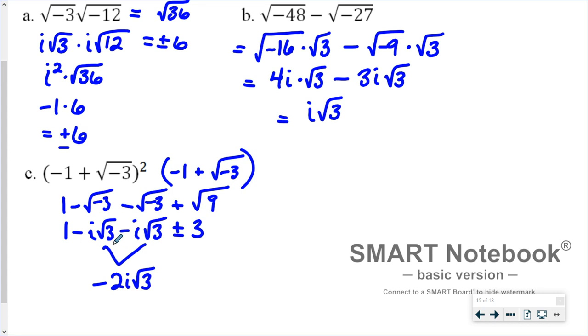If I have negative 1 of something and then I take away one more of that thing, I have negative 2 of that thing. All right. So here, when you have 1 plus 3, you're going to get 4. But when you have 1 minus 3, you're going to get negative 2. So you would actually have 2 solutions there. One with the positive 3, one with the negative 3.